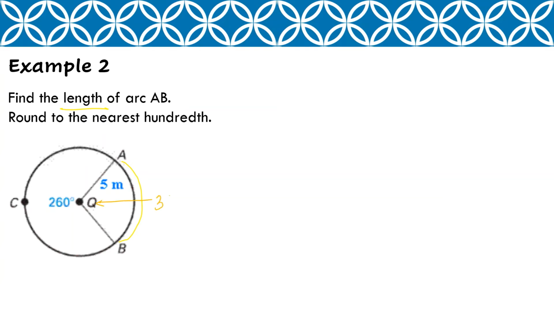It would be the measure of the entire circle minus the measure of that large angle. So the central angle we are working with has a measure of 100 degrees. Arc AB has a measure of 100 degrees out of 360.